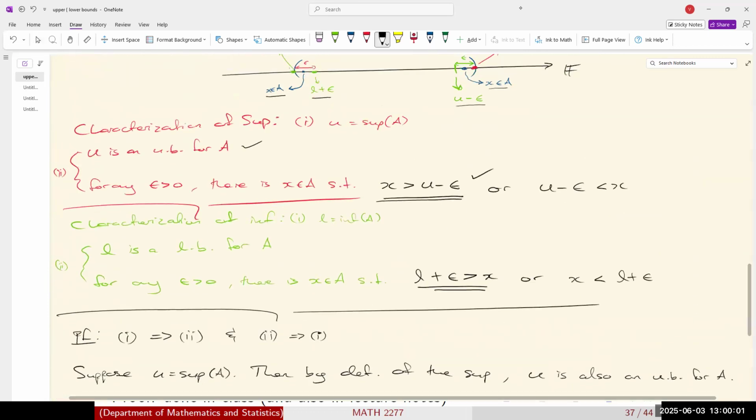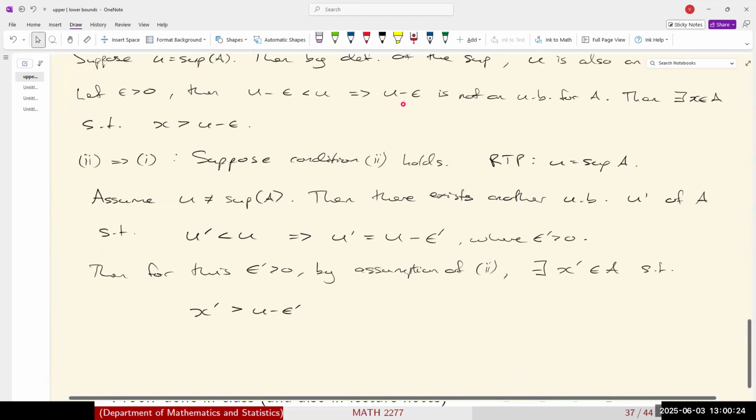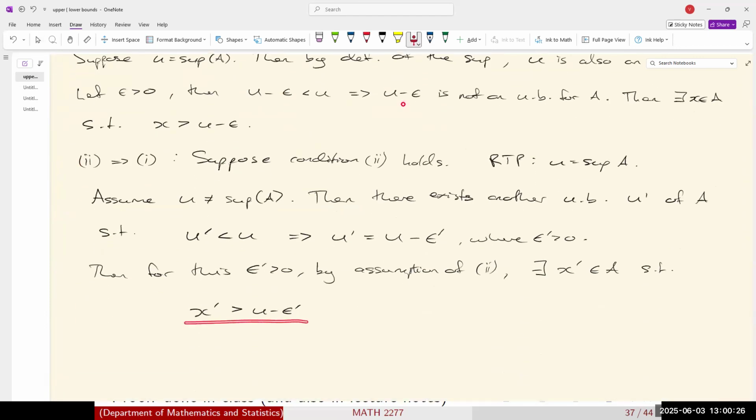I'm just applying this result here. So for any epsilon, I'm using this specific epsilon prime, and this is telling me I could find an element x. So for this element, I'm calling it x prime, such that x prime is bigger than u minus epsilon prime. Okay? That's what I have here.